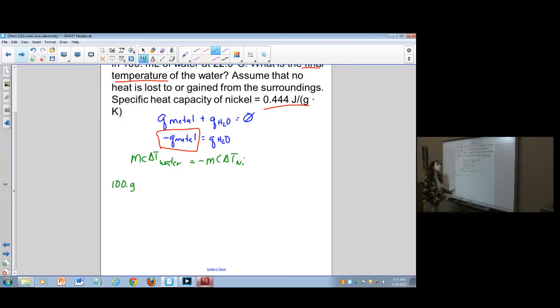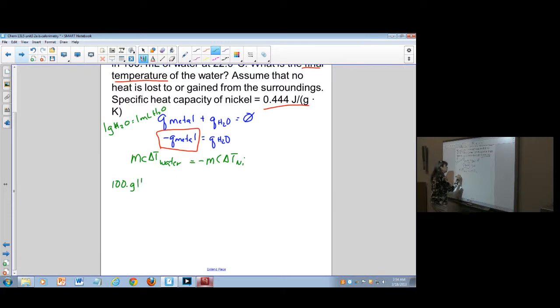Now, we're assuming for the moment, even though this isn't correct because density varies, but to make our life easier, that 1 gram of water is equal to 1 mL of water. At 25 degrees that would be true, but at 23 or 22 or whatever we're at here, it would be slightly different. But we're just going to assume that it's 1 gram per mL.